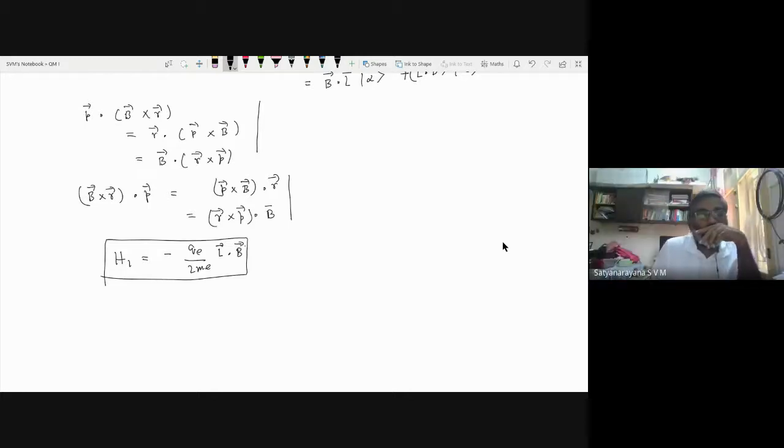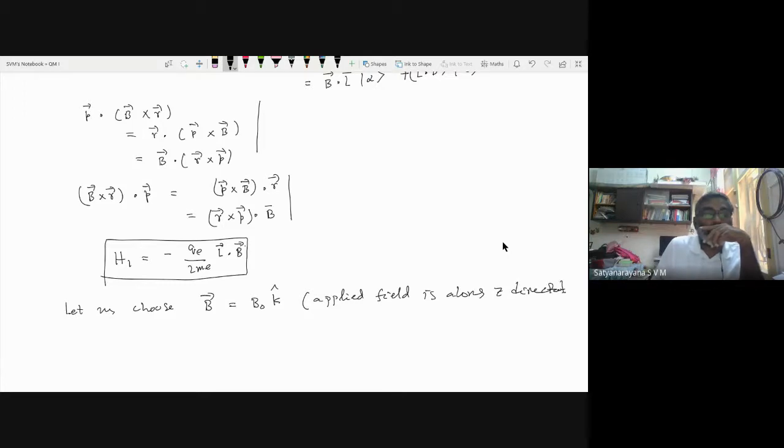Now let us look at this one. Let us say that we choose our B to be some kind of a B0 in the Z direction, in the K cap direction. So the applied field is along the Z direction.